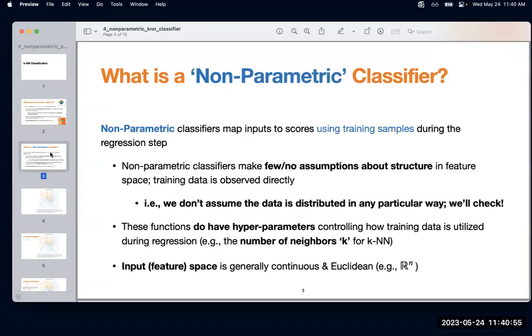So non-parametric means that, or should I say, it does not mean that it will not receive in any way information from the designer, the human that is setting up that model.